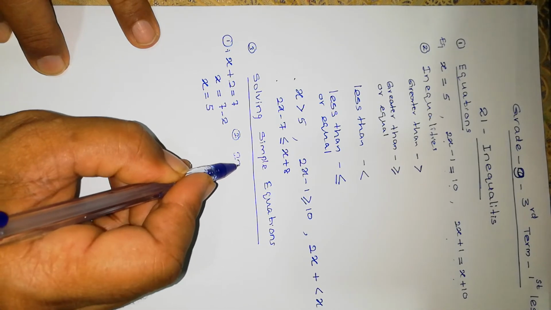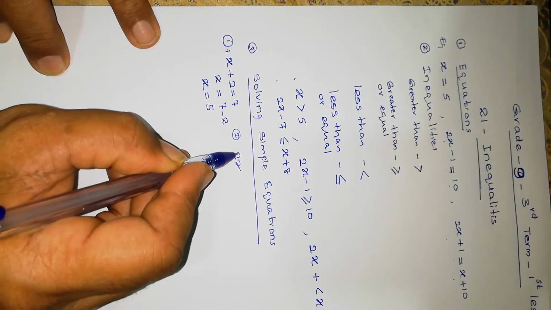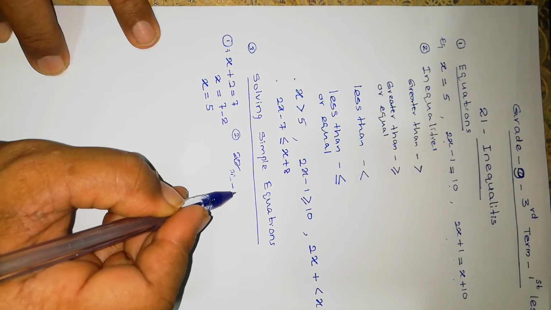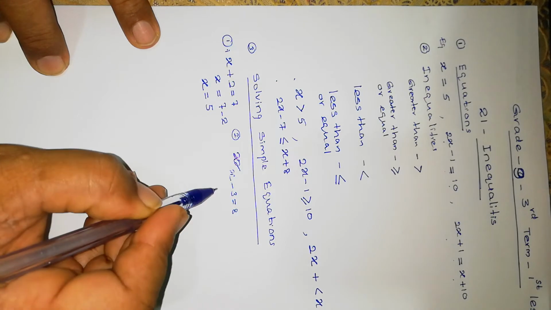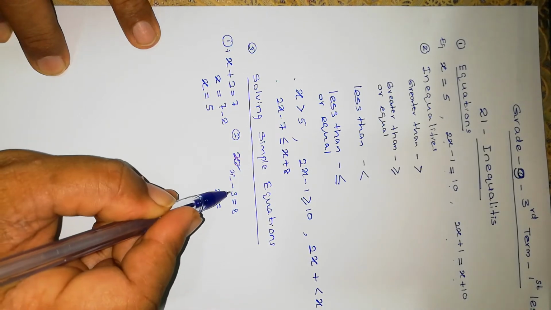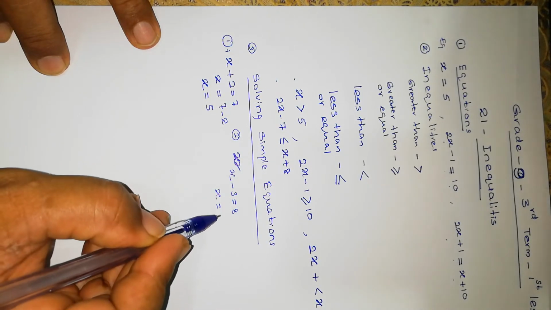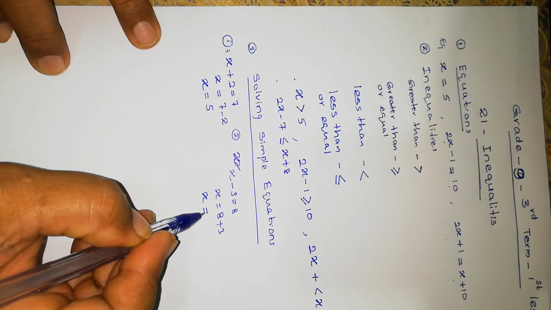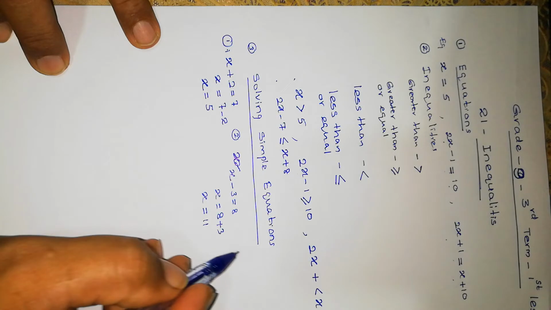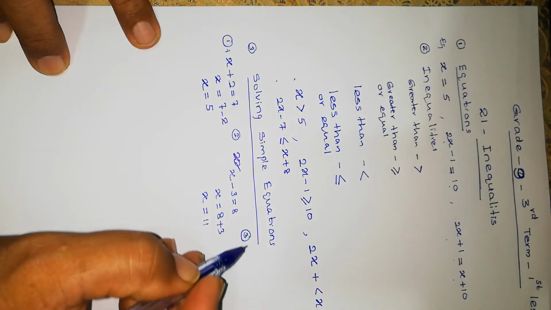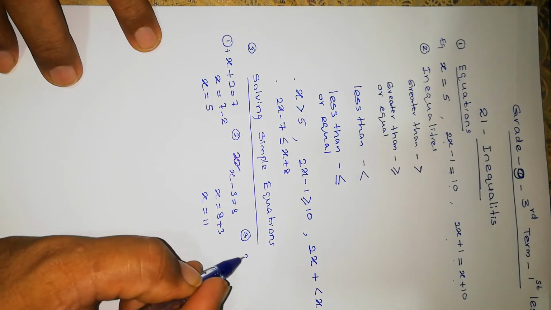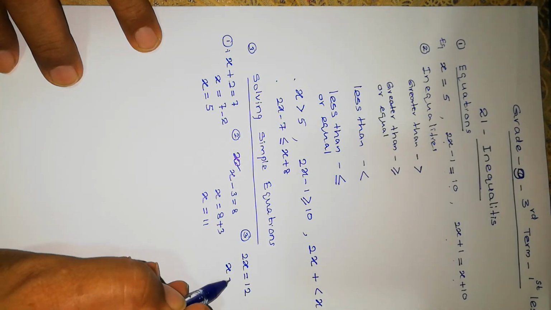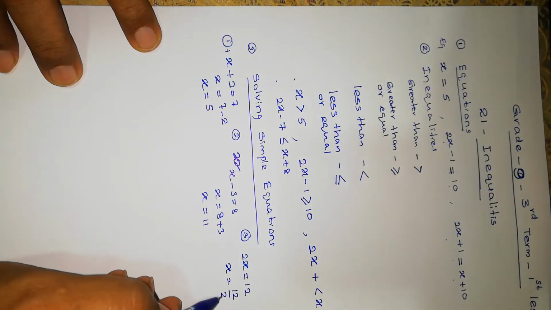Second example: x minus 3 equals 8. Then x equals, you have to move this minus 3 from left to right. It becomes plus 3. x equals 8 plus 3, which is 11. Then example number 3: 2x equals 12. When 2x is 12, x equals 12 over 2.